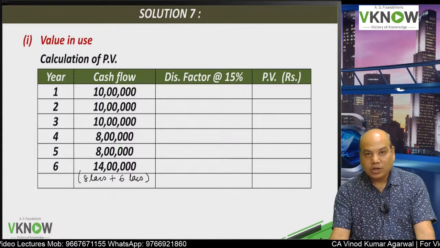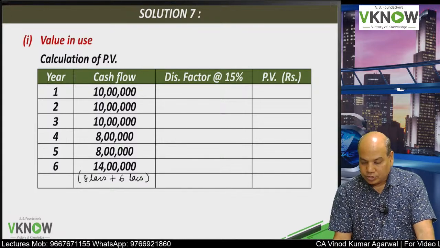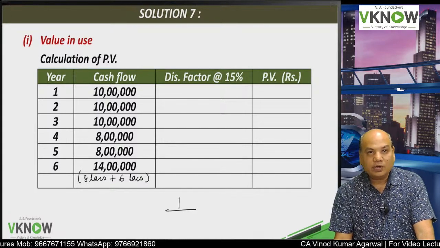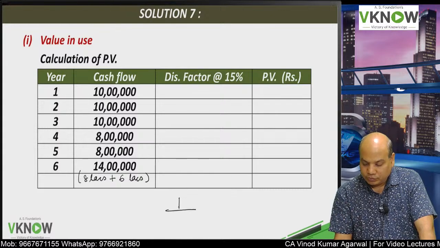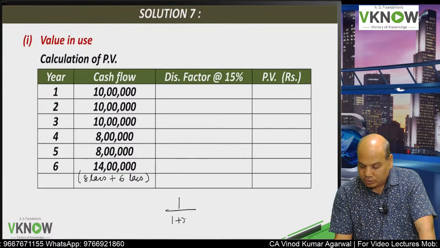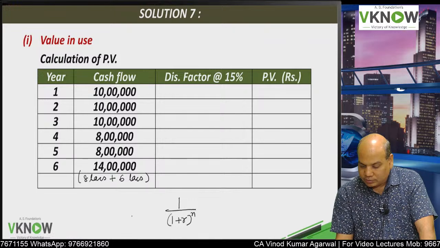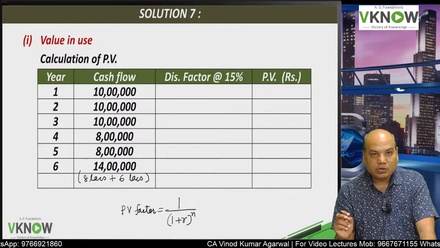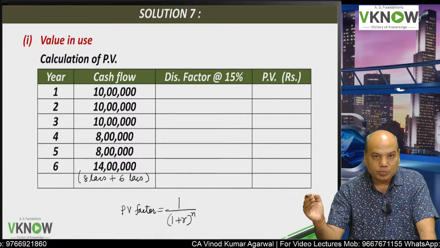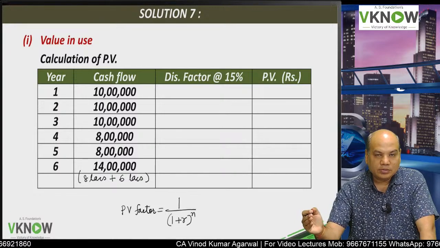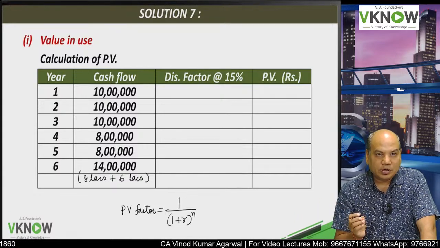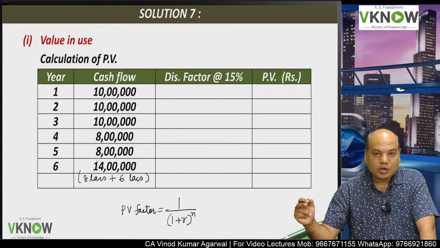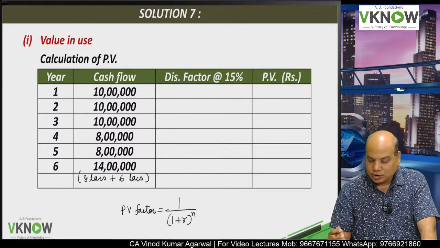Now I will calculate discounting factor. Discounting factor means present value factor of 1 rupee. 1 divided by (1 plus r) to the power n is called present value factor. Present value factor means if you receive 1 rupee after 1 year, what is its present value? If you receive 1 rupee after 2 years, what is the present value?